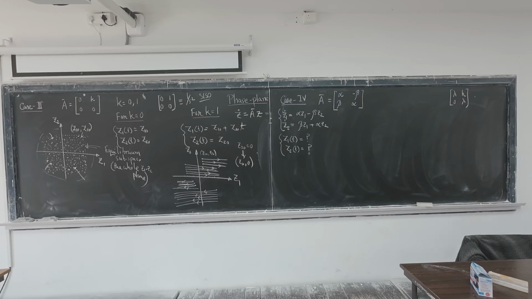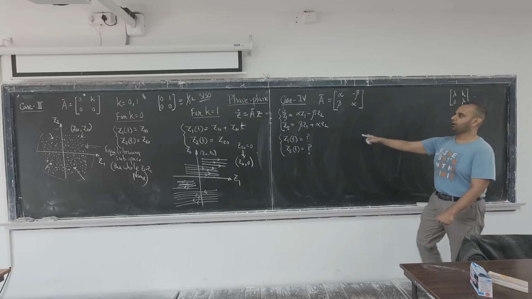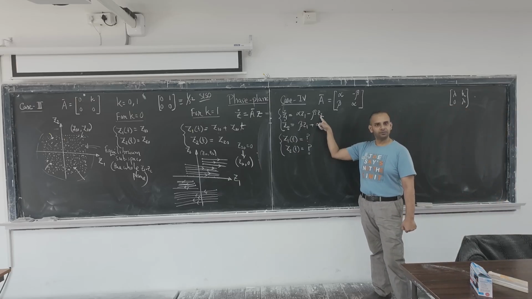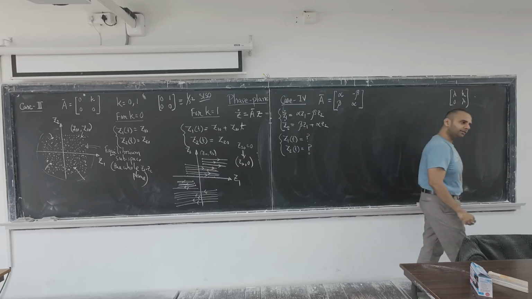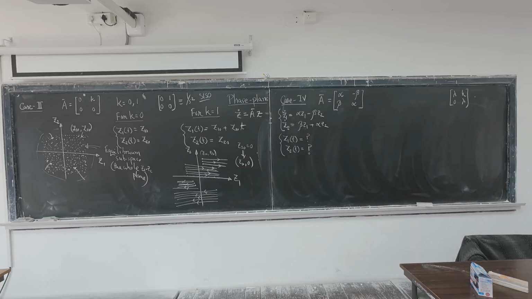So far, the cases we have handled were mostly either decoupled or had maximum coupling with respect to one variable coming from the other. But now both of them are coupled. That means Z1 dot has the contribution from Z2, and similarly Z2 dot also has the contribution from Z1. This is a fully coupled set of differential equations, so solving them is not very easy.